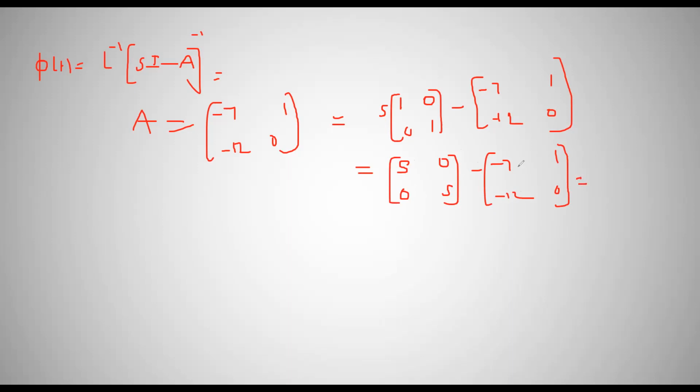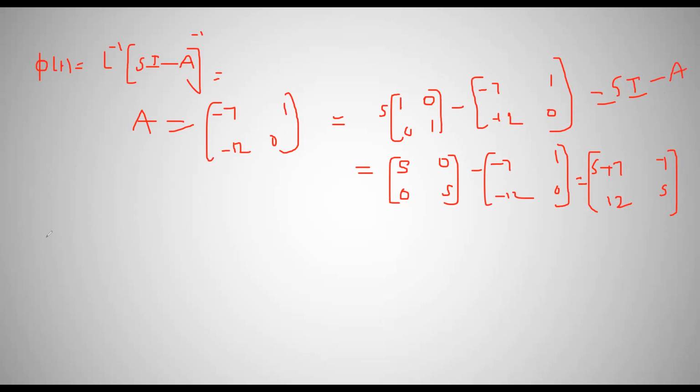S minus into minus 7, so S plus 7, 0 minus 1, 0 minus into minus 12. Yes, this is SI minus A.